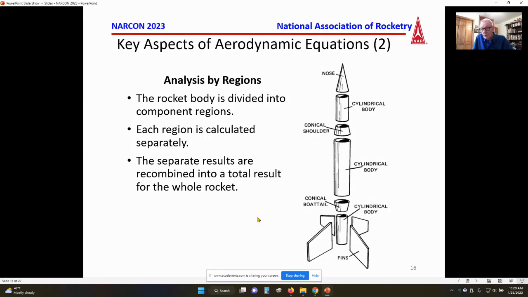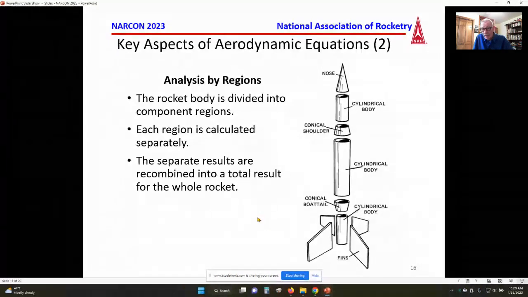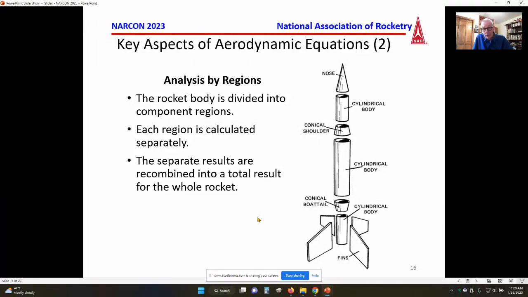And you can calculate each of those separately. And you'll notice if you do that calculation yourself, that's exactly how you go about calculating the center of pressure: relative to the tip of the nose, you find the center of pressure of all the different components.